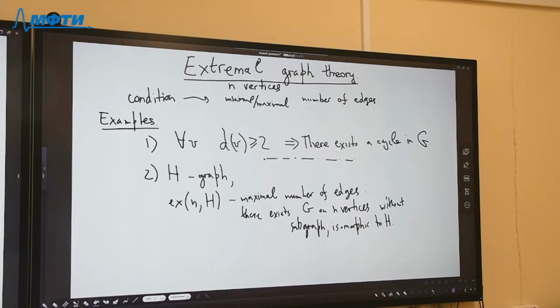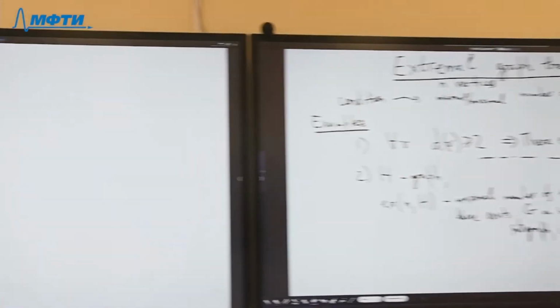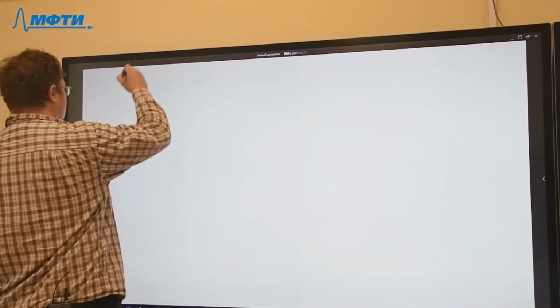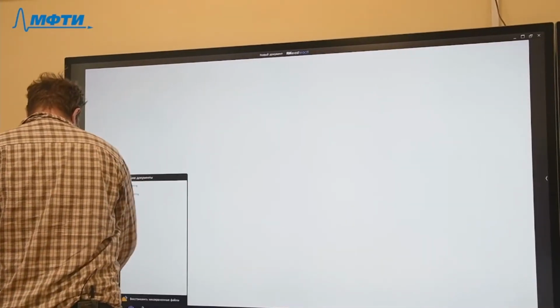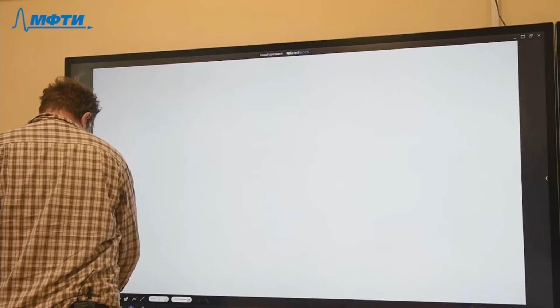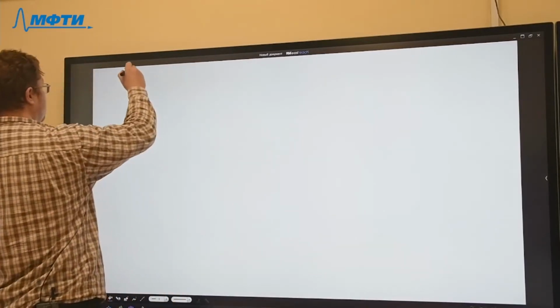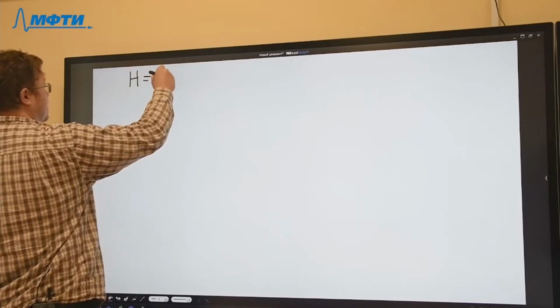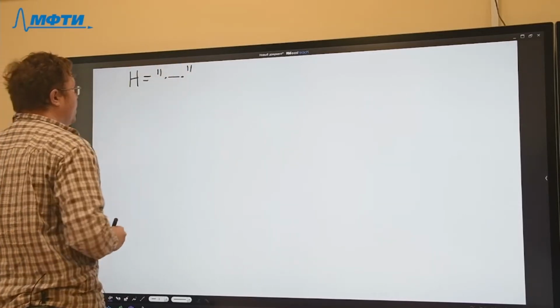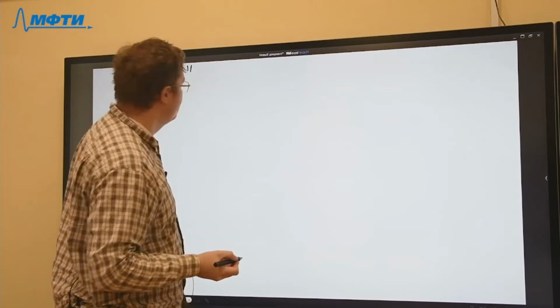Okay, what kind of graph H can we take? The simplest type of graph is just one edge, and there is an easy problem.